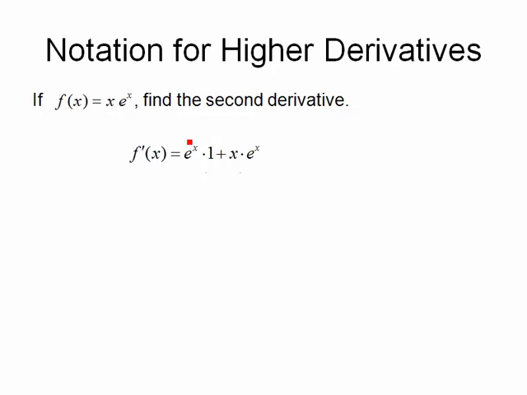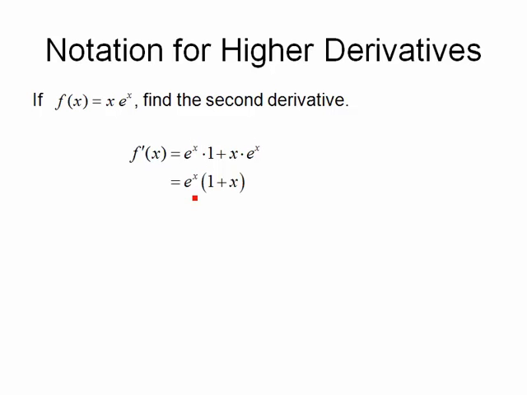Now I'll go ahead and use my product rule and write out what the derivative is. So when I do that, I get v, which is e to the x, times u prime, which is 1, plus u, which is x, times v prime, which is e to the x. When I look at that, I notice that both of these terms have e to the x in them. So doing a little algebra, I'm going to factor out that e to the x.